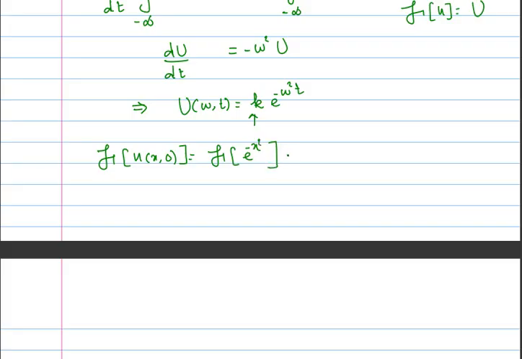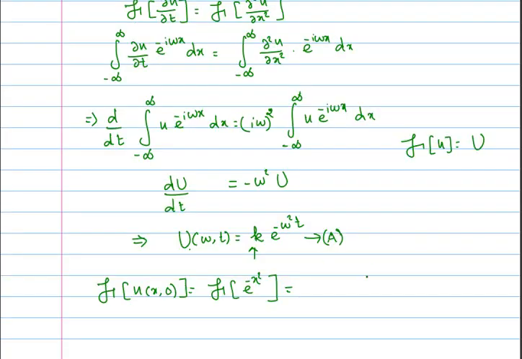We already found the Fourier transform of the Gaussian function exponential of minus a times x square, which is equal to square root of pi divided by a times exponential of minus omega square divided by 4a.